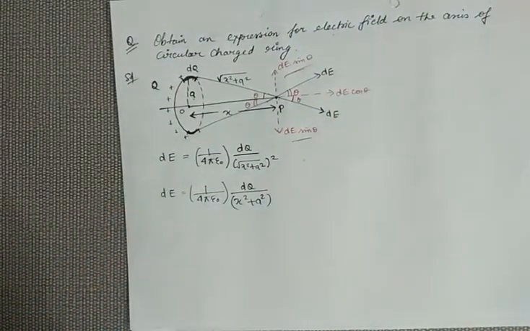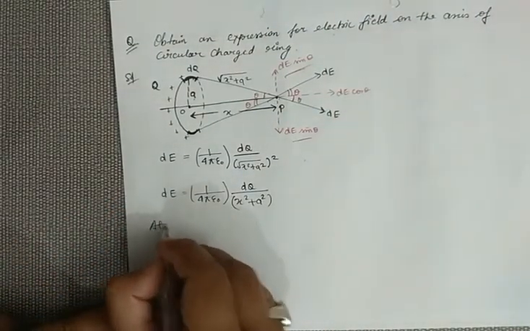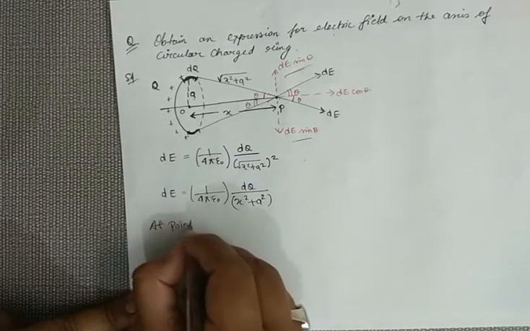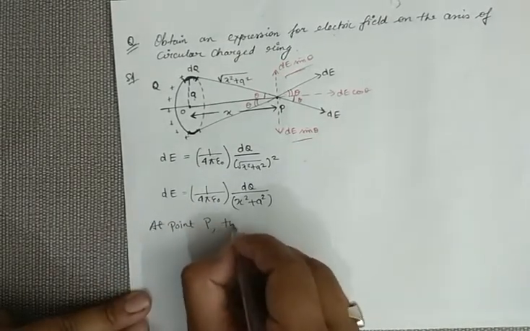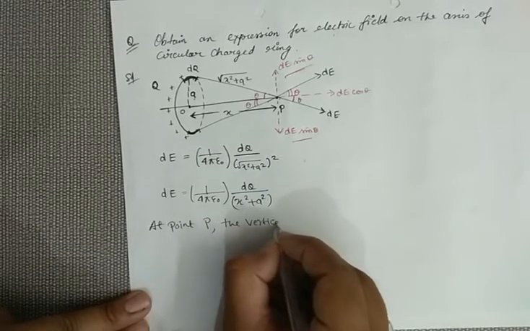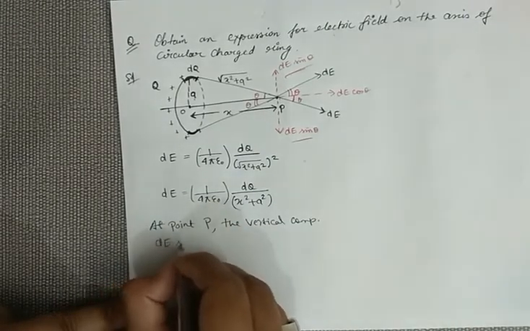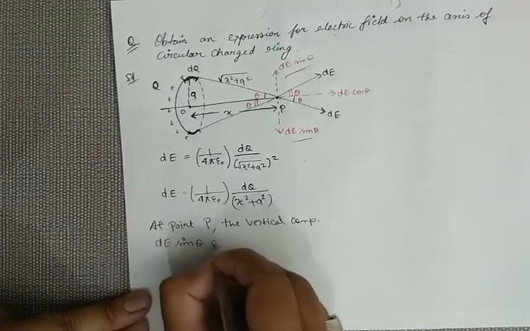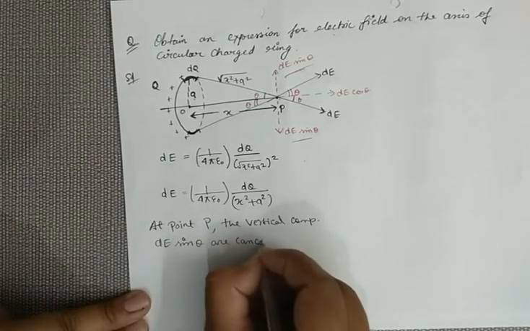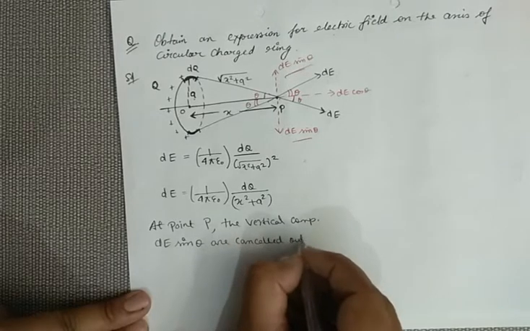Again see, at point P, these two vertical components are opposite to each other. So we can write here, at point P, the vertical components dE sin theta are cancelled out.